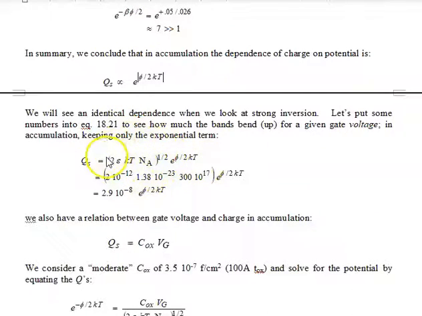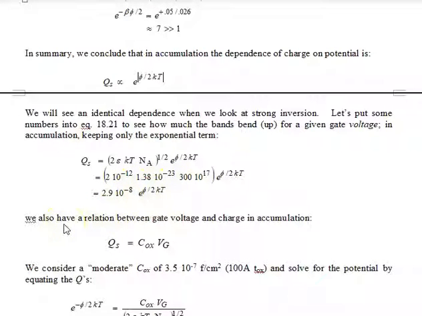What we have to do now is, first of all, put in all these numbers. It's a pain in the neck. This is the permittivity of the oxide, kT in joules. The doping is 10 to the 17th. The 300 is the temperature, room temperature, and that's basically it. So we get 2.9 times 10 to the minus 8th when we carry through the arithmetic here.